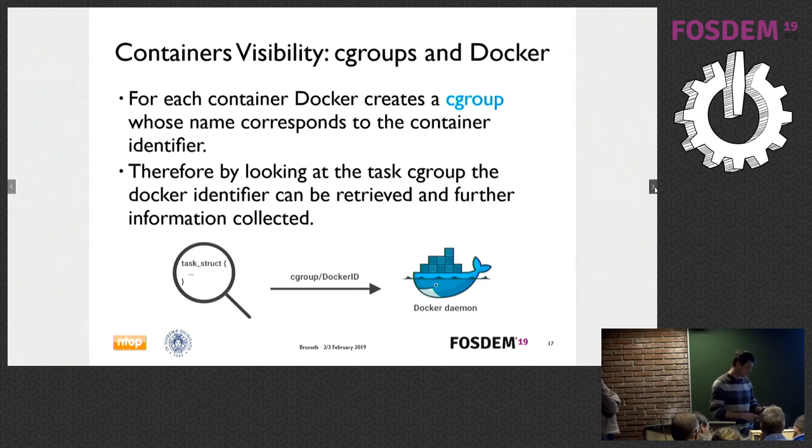So we collect the cgroup identifier, send it to user space, and at user space level, interact with the Docker daemon to collect information and store it in a cache. So we have information like, for example, the container name or for how much time the container has been alive.